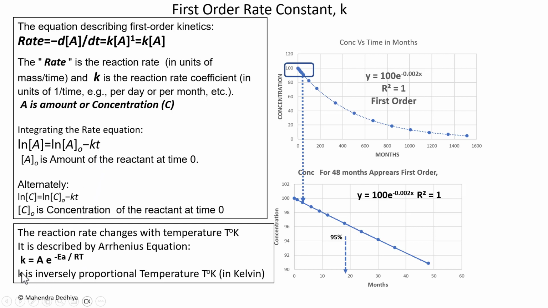The reaction rate K is inversely proportional to temperature in Kelvin. K can be calculated graphically. We can measure either amount or concentration over several months or several days and graph it to show that concentration, for the first 48 months here, is first order as shown in this equation with R square of 1.